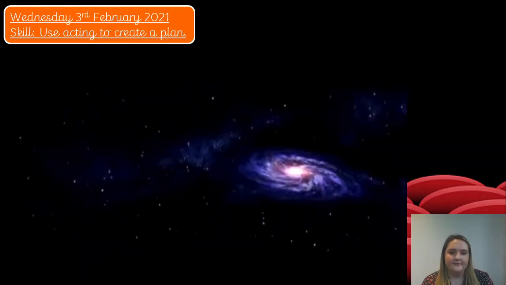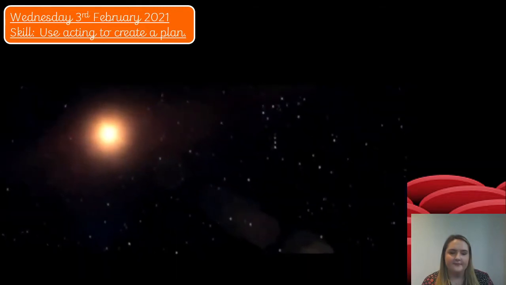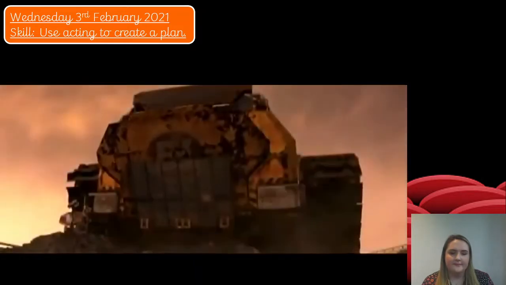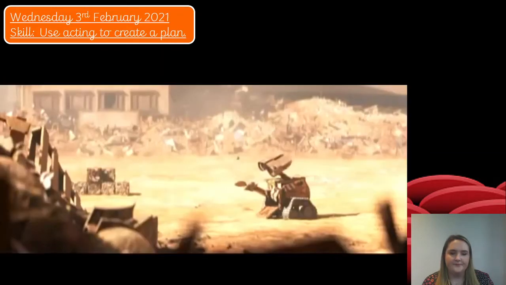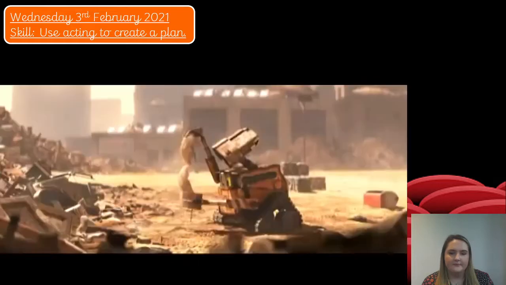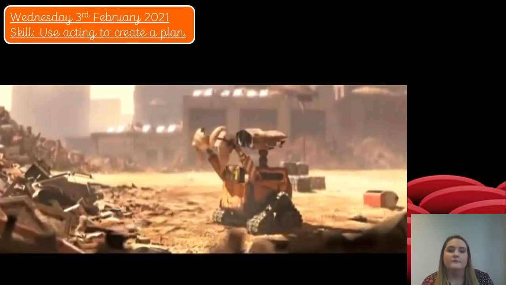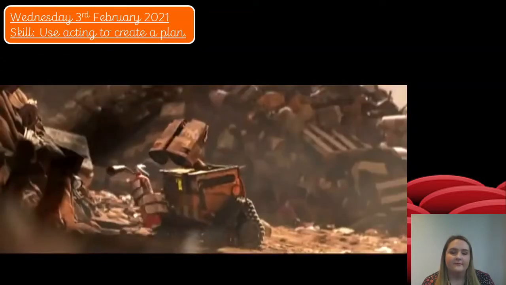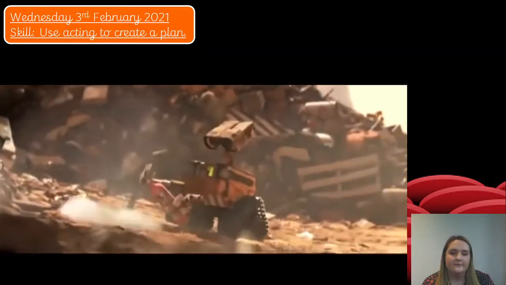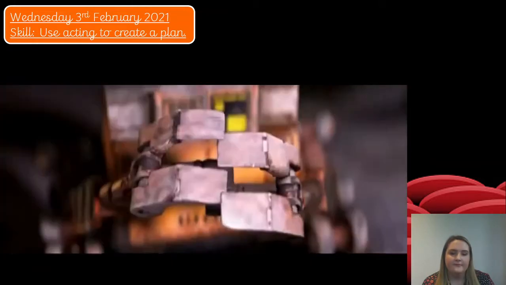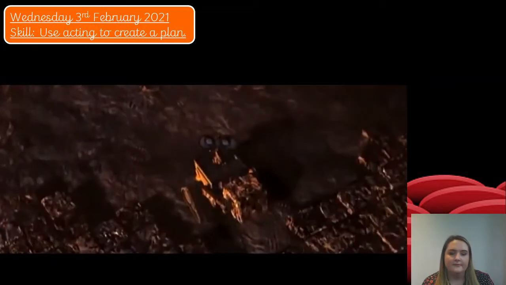Years into the future, mankind will leave our planet, leaving Earth's cleanup in the hands of one incredible machine. His name is Wall-E. After all these years, he's developed one little glitch. A personality. He's extremely curious. And just a little bit lonely. But all that is about to change.